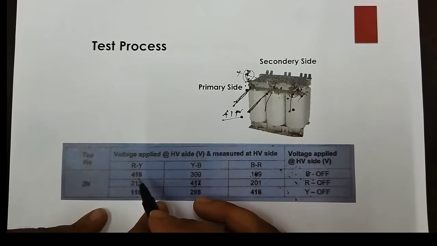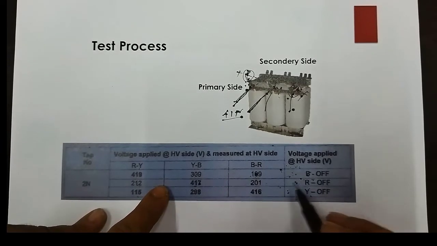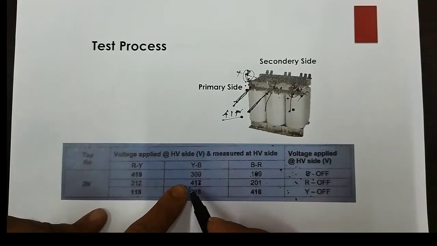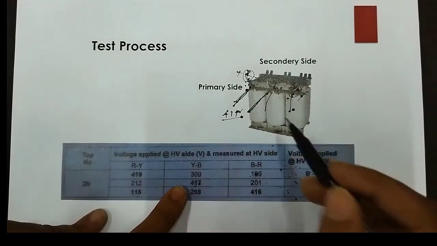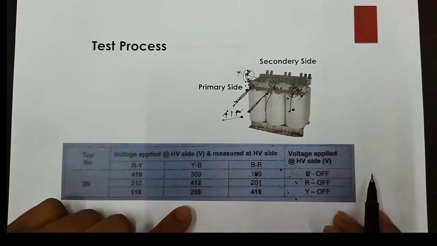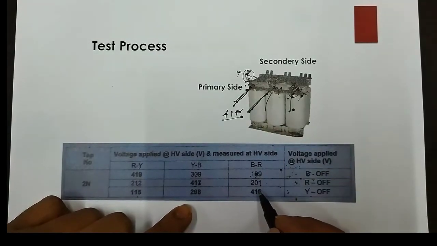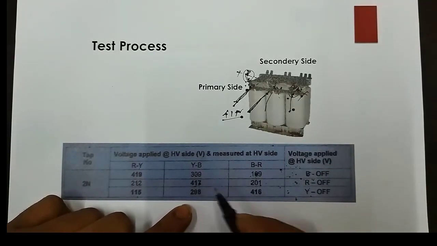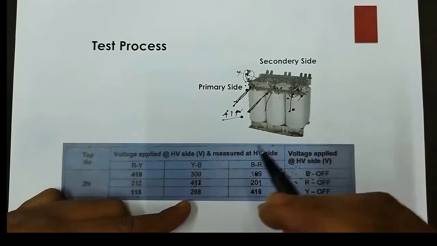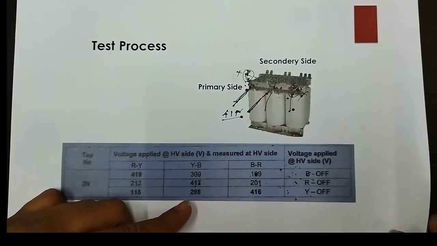But in the case of the R phase, the second scenario, we gave YB 417 volt, but we found 50% in the other two phases, 201 and 212. But whatever it is, you have to understand, if the sum of the other two voltages gives the main applied voltage, then the flux distribution in all three cores is uniform. That's the process.